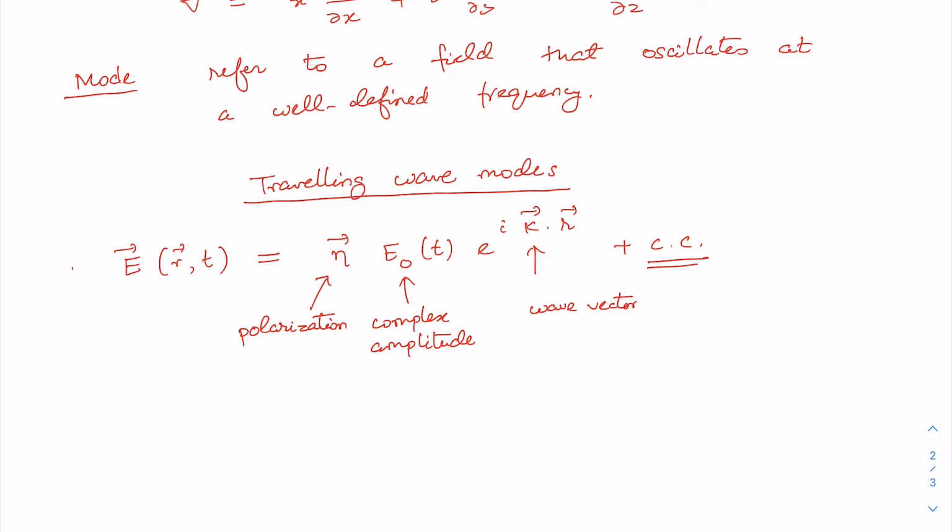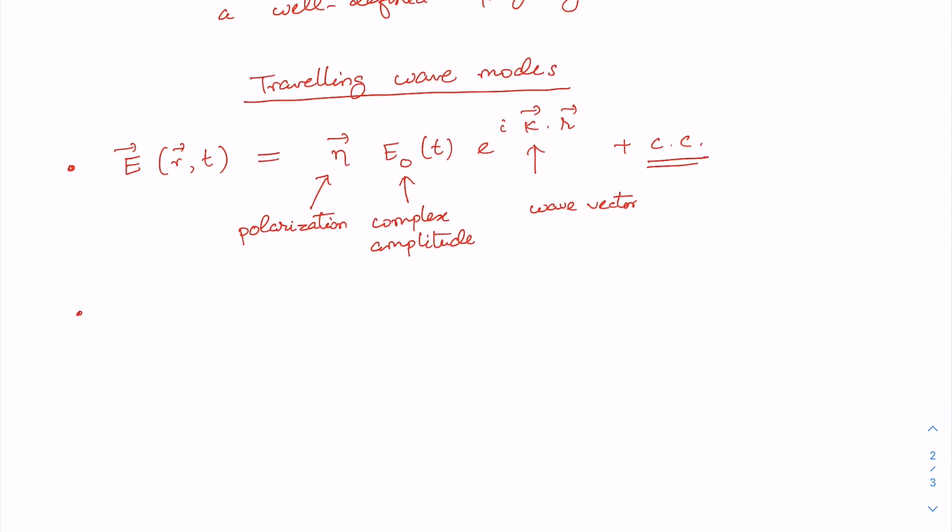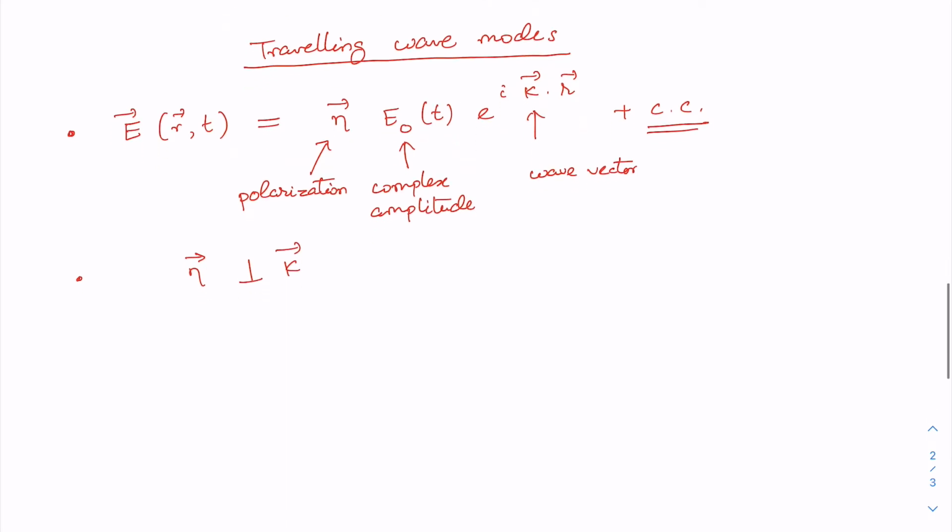And this is a solution of the Maxwell equations provided it satisfies certain conditions. Firstly, this polarization of the electric field has to be perpendicular to the propagation direction. That is easy to see because we have divergence of E equal to 0, and if you put these solutions in the Maxwell equations, you can write it as k dot E as well.